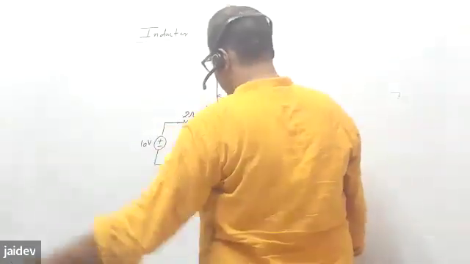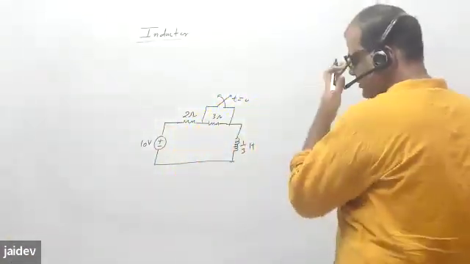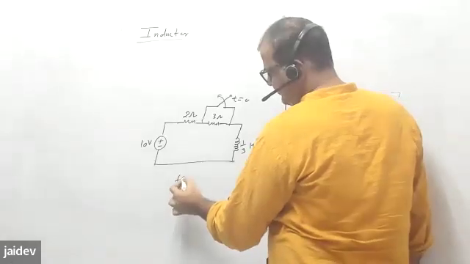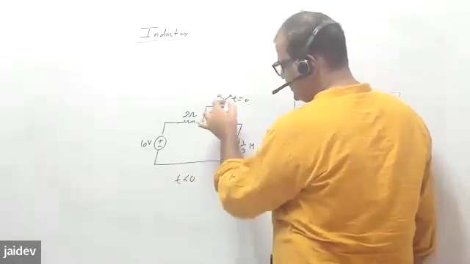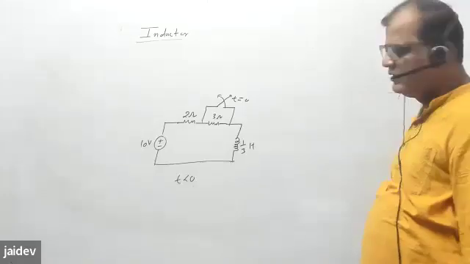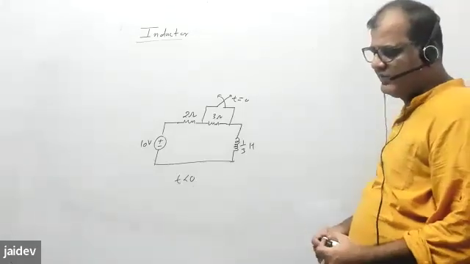Now for t less than 0, this circuit is closed. So make it closed and solve. Find I naught and then I infinite.